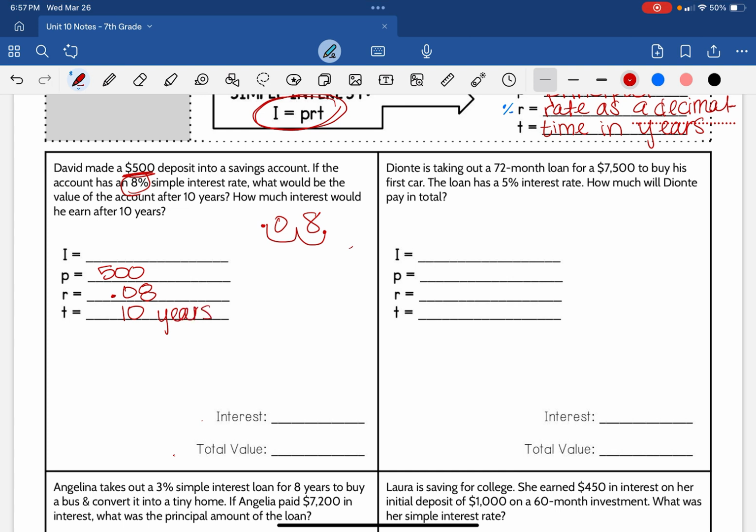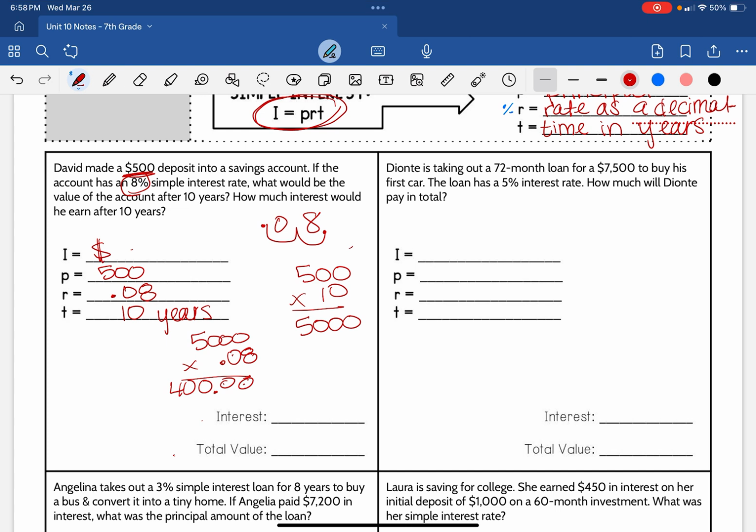So then we're going to take all this information and we're just going to multiply it. Well, if I multiply 500 times 10, I'm going to get 5,000. Okay? Then I'm going to take 5,000 and multiply it by 0.08. There's 2 decimal places, 1, 2. So $400. That is my interest.